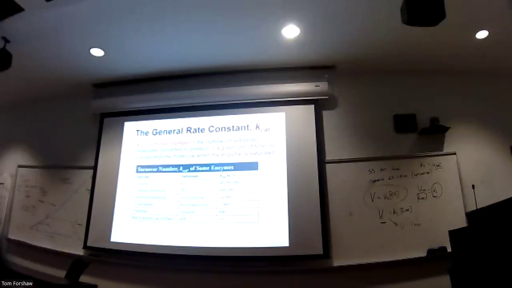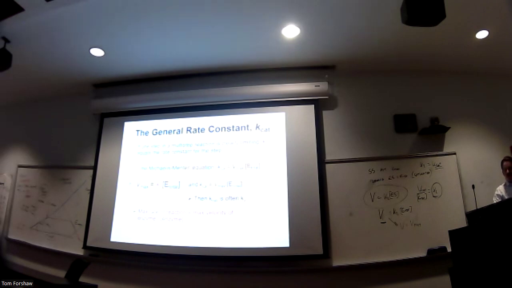So it's just a different way of measuring things: how many molecules can be turned into product per second? We can calculate Kcat as just being V max divided by E total.